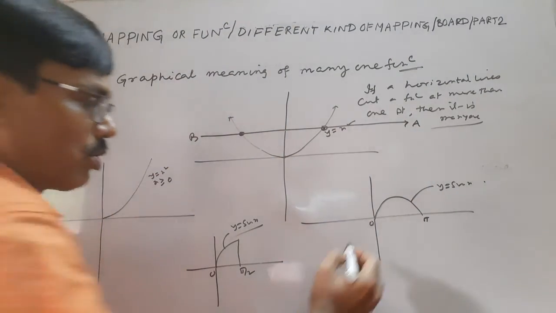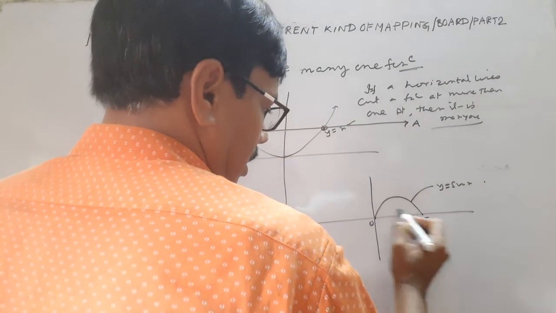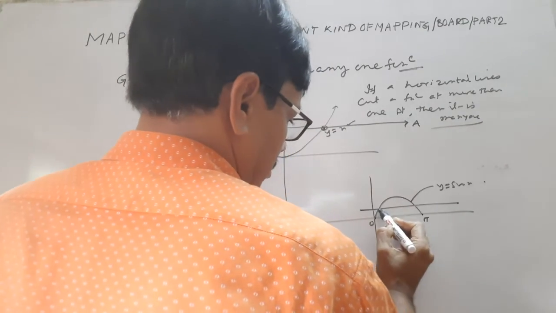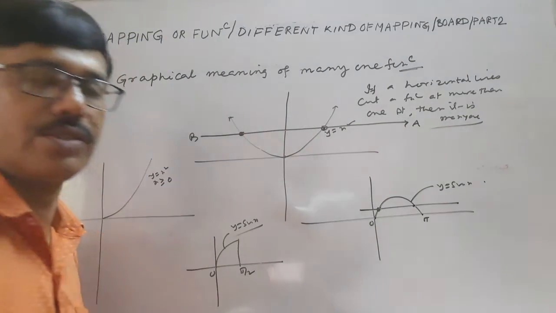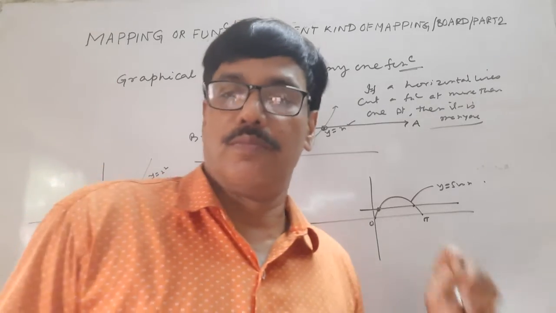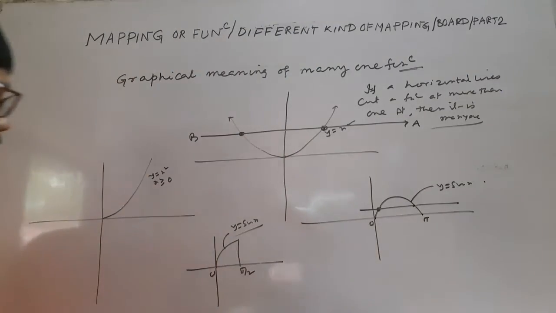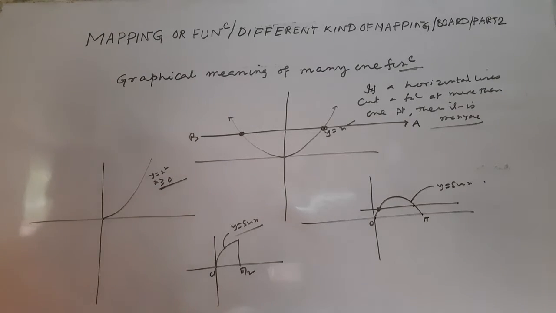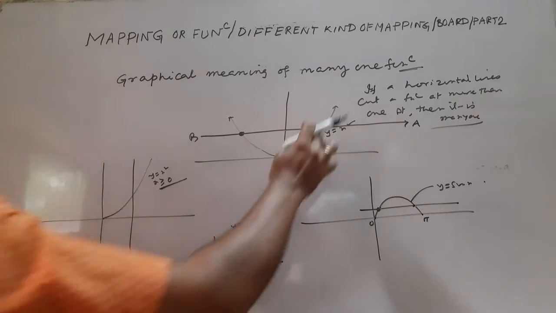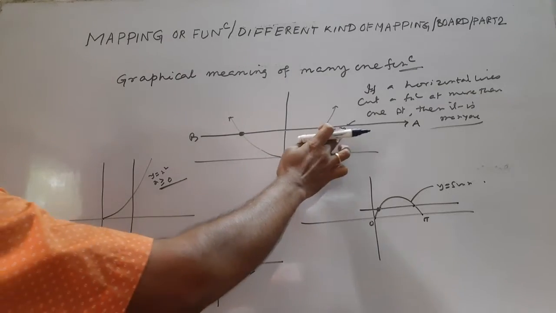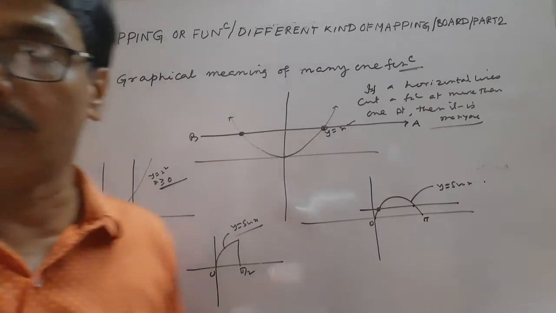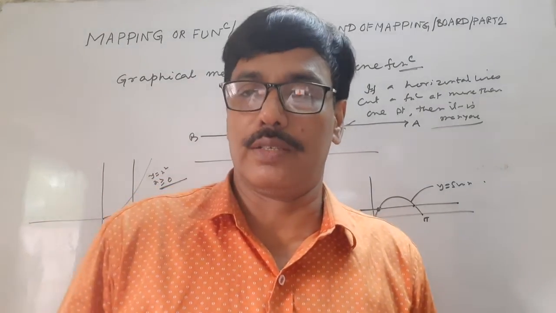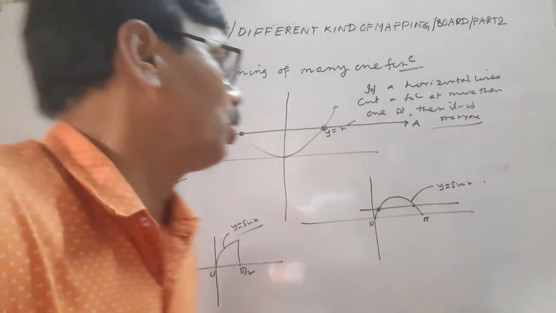Now look, y equals sin x in 0 to pi. So a horizontal line cuts it at 2 points. So it is many one. Now look, y equals x square for x greater than 0 only. If we say y equals x square is many one, then it is not true.